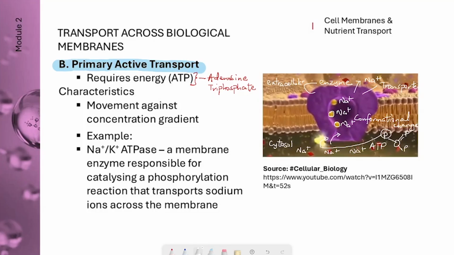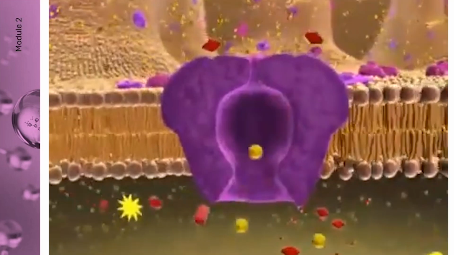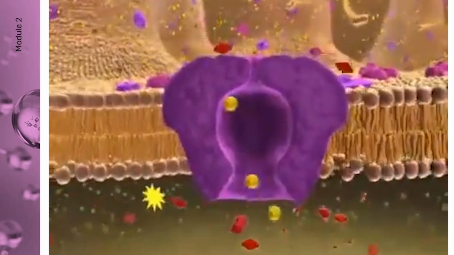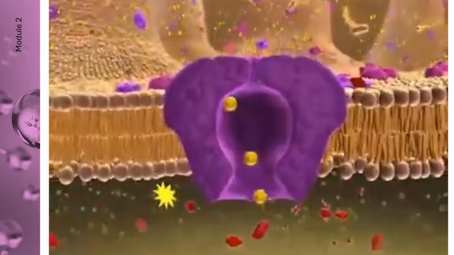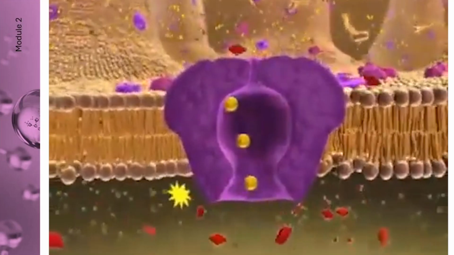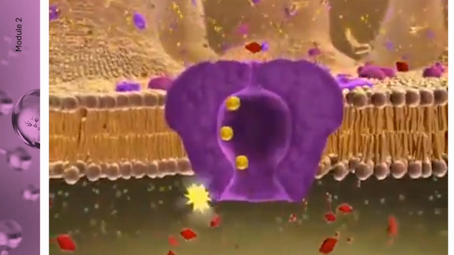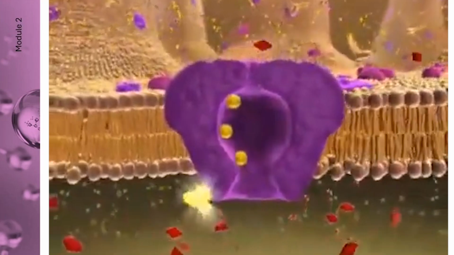So I'm going to take it again. I'm explaining primary active transport. We already established that it requires energy, and because it requires energy in the form of ATP, in the process ATP is hydrolyzed, and the phosphate group from the ATP binds to the enzyme.